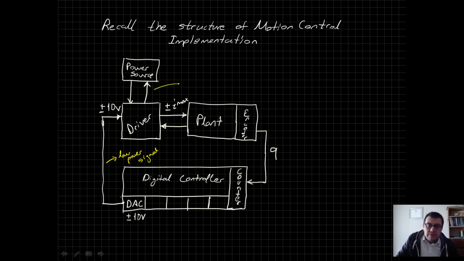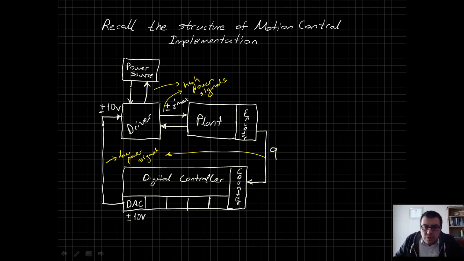However, this one and this one are high power signals. And this is also a low power signal, by the way. Your encoder response is also a very low power signal. So it can be considered this way.